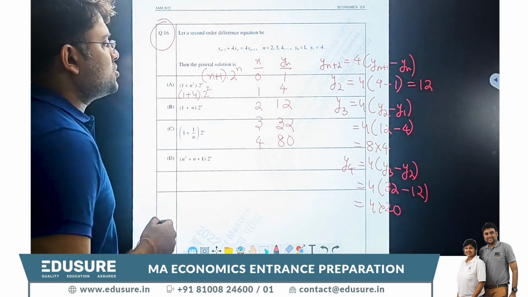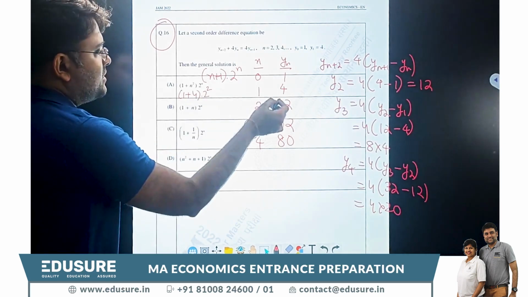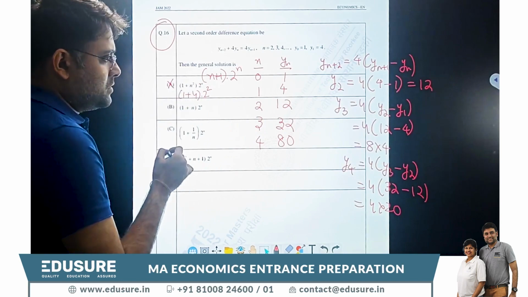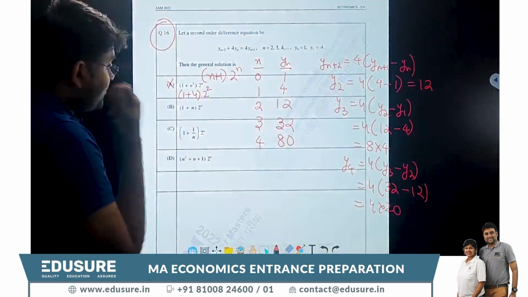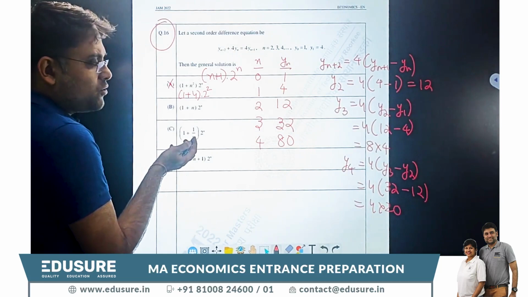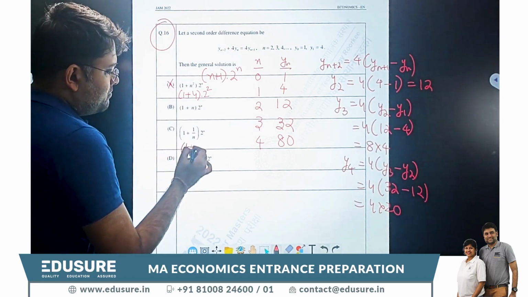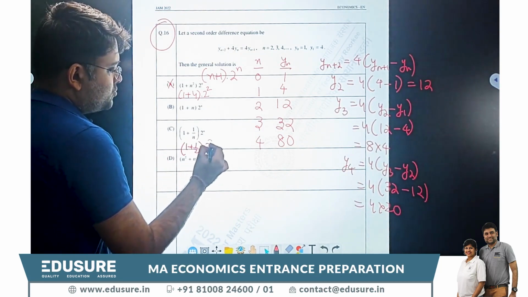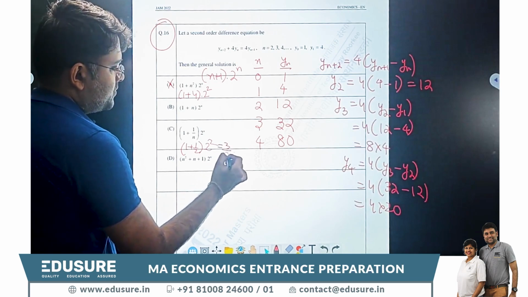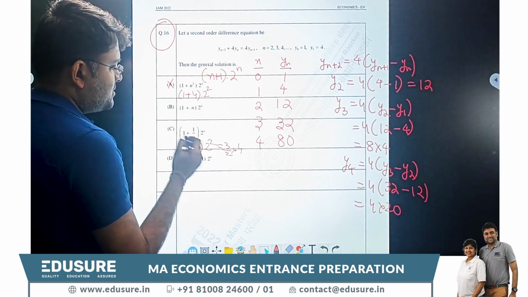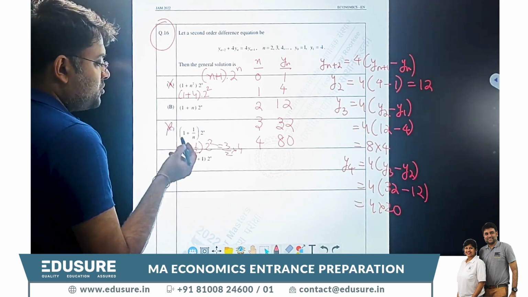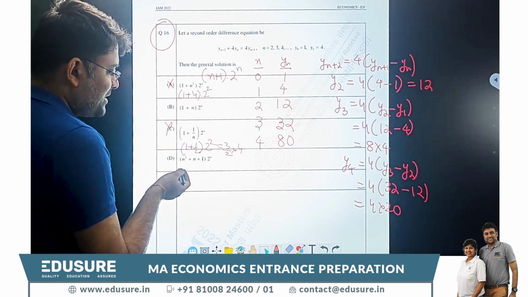It's 20. But here the answer is 12. Out. Therefore, if you take a look, then again you put n is equal to 2. It will be 1 plus half into 2 square. So 3 by 2 into 4, which is 6. Out. So you can remove all these options in that way only.